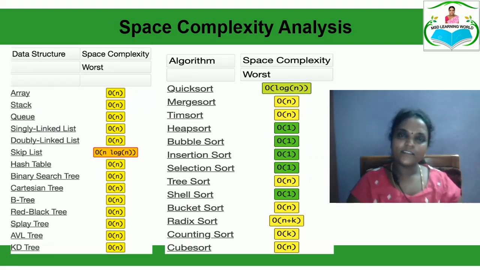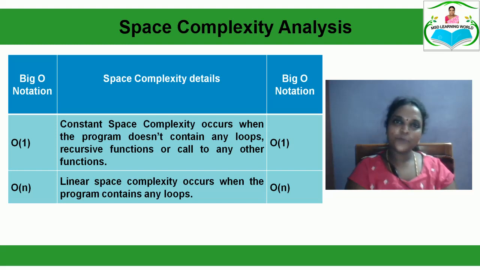Here we can see the space complexity of various sorting algorithms and the data structures that you will be using in your program. The key point that you must remember while calculating the space complexity of an algorithm is that you will have a space complexity of order of 1, that is constant space complexity, whenever your program does not contain any loops or any arrays or lists.